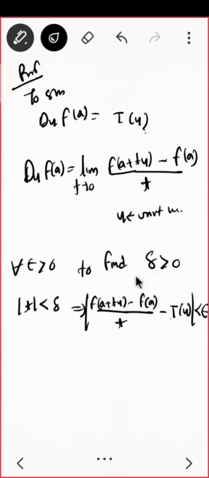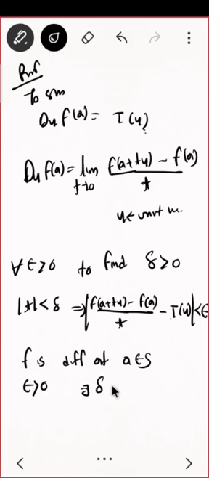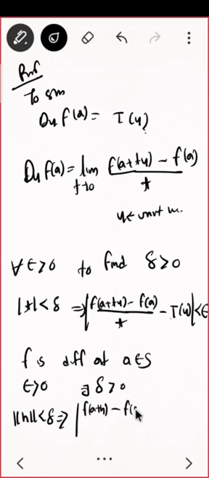Correct? We are given something. What are we given? F is differentiable at a belonging to S. What do you mean by that? What is the definition of derivative? That is, for epsilon positive, there exists a delta positive such that mod of h less than delta should imply mod of f of a plus h minus f of a minus T of h, divided by norm h, will be less than epsilon.